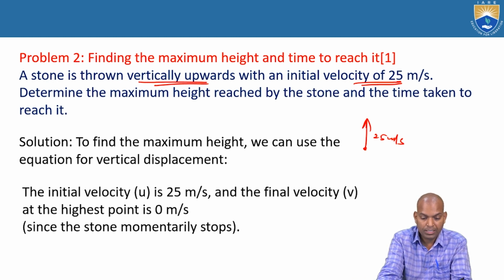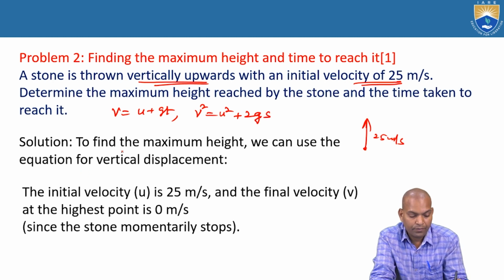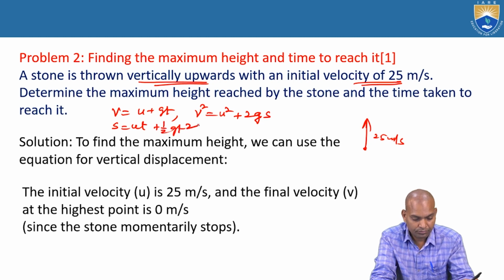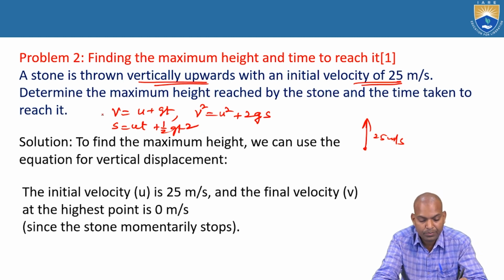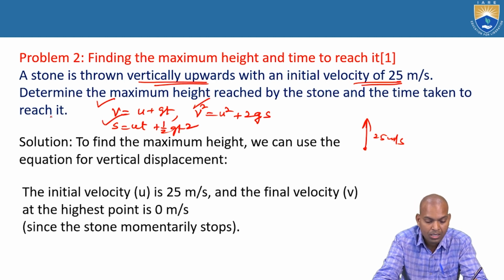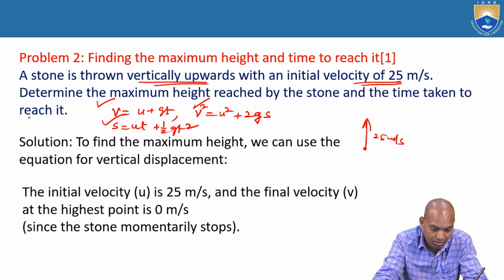We know that the final velocity v equals u plus gt, v squared equals u squared plus 2gs, and s equals ut plus half gt squared. By using these three equations of motion under gravitational force, we have to calculate the maximum height reached and the time taken.